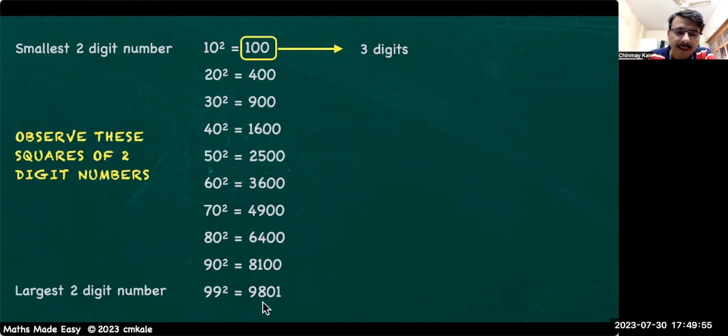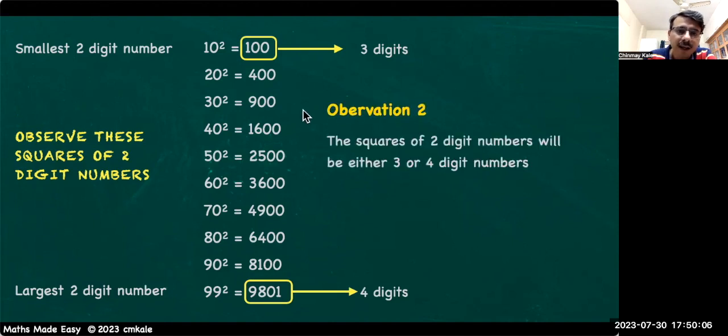Its square is 9801, which is a 4-digit number. So basically our observation here is that any 2-digit number when squared will result in either a 3-digit or a 4-digit number maximum, right? This is our second observation from the data that we have.